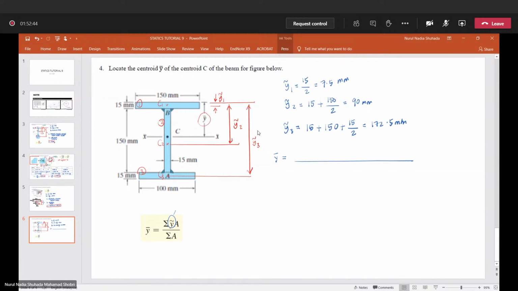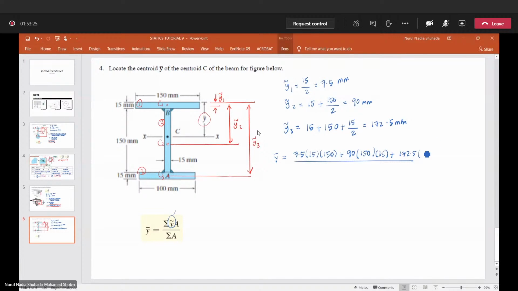For segment 1, the centroid y1 is 7.5 and the area is 15 times 150, and then you plus segment 2. The centroid for segment 2 is 90 times the area 150 times 15, and then plus segment 3, the centroid is 172.5.